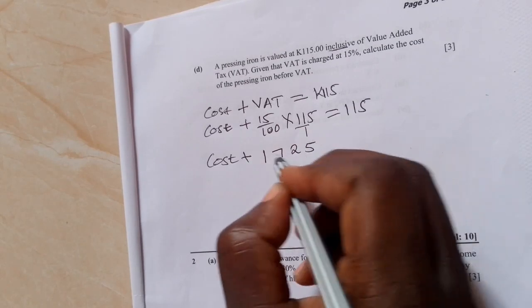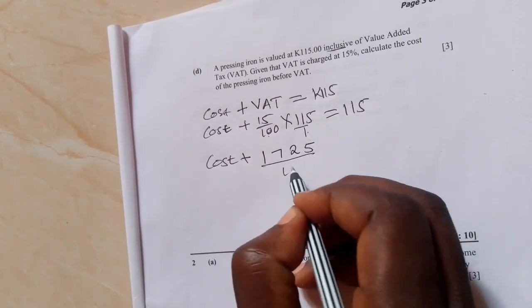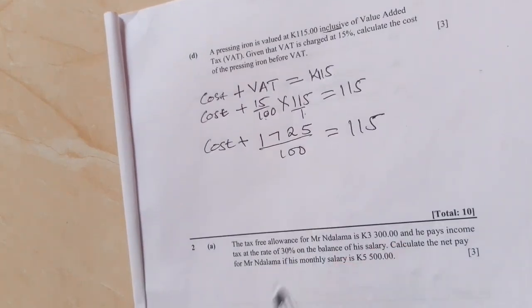All right, then you say 100 times 1, that is 100, is equal to 115.